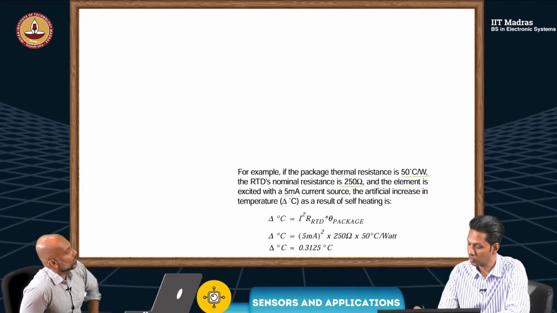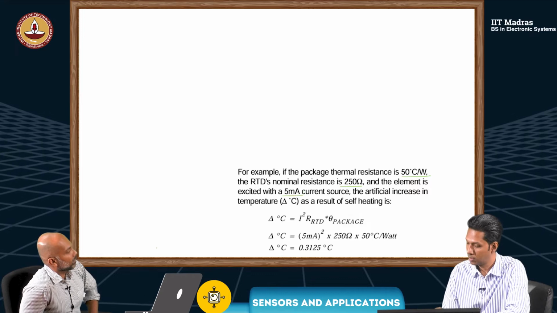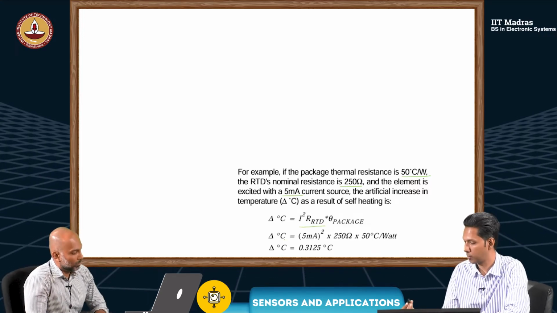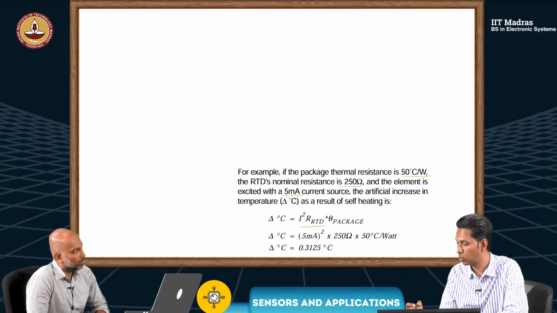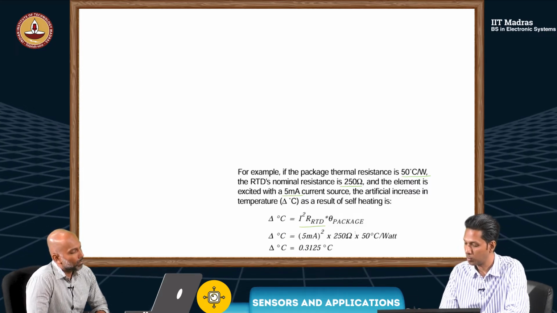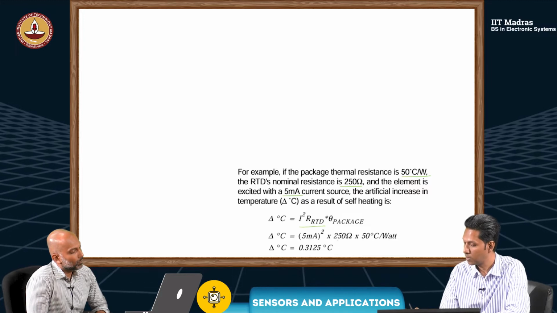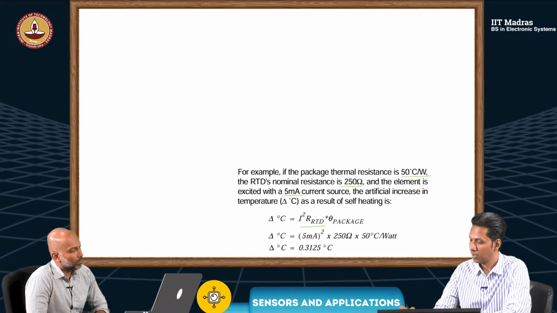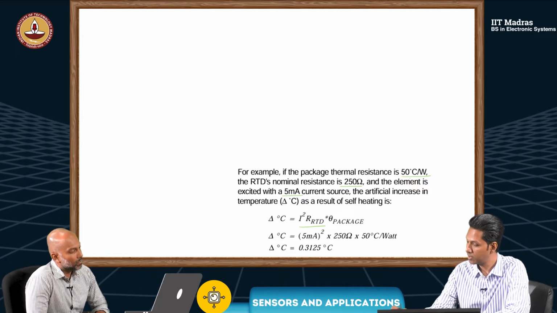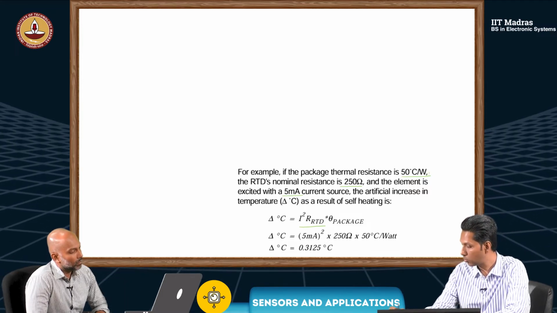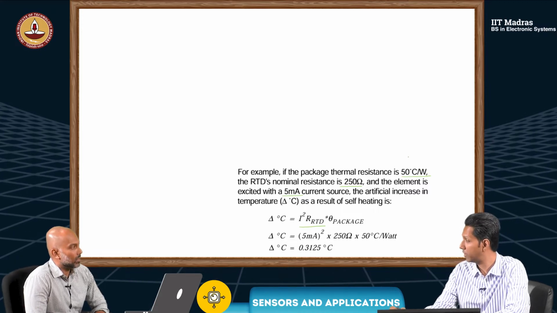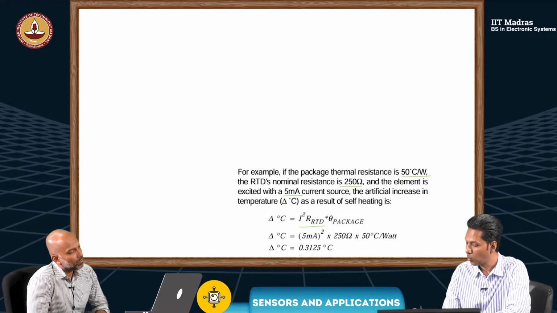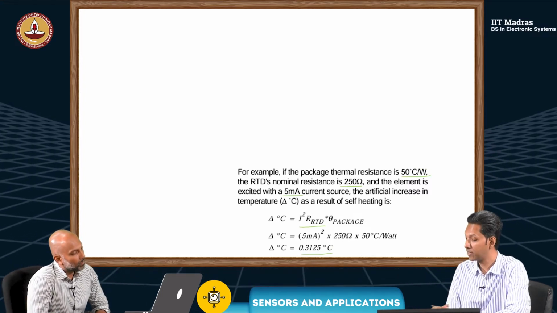Now, if you're sending 5 milliampere, the I square R loss is some milliwatts: 5 milliampere squared into 250. So that much power is generated. And what it says is that for this package, if there is 1 watt loss, there will be a 50 degrees Celsius increase. From this, we will come to know what the increase in temperature will be.